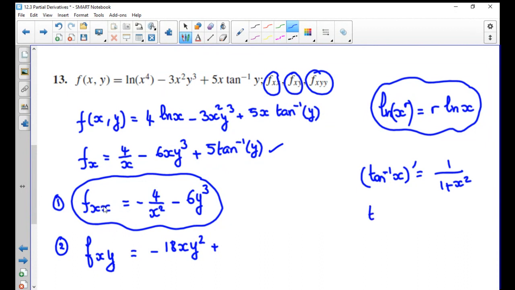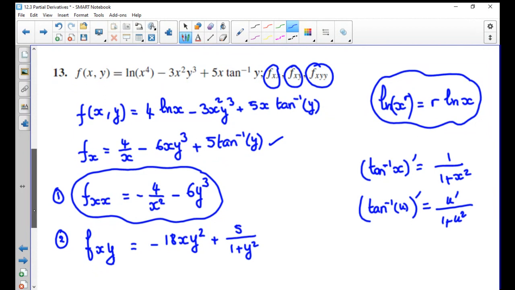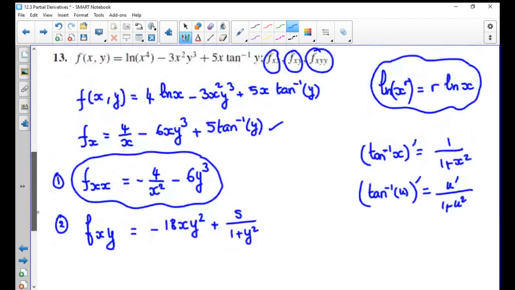If you have u and you want to differentiate this, then it's u dash over 1 plus u squared. So here it's going to be 5 over 1 plus y squared. So this is fxy, and we want fxyy.